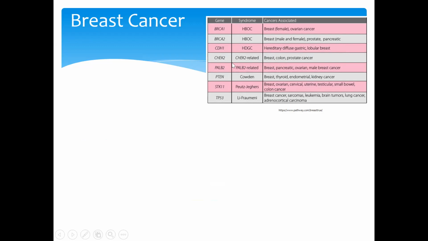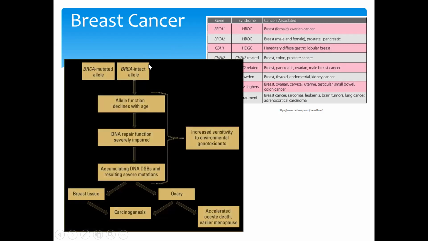A lot of times you'll have an individual that develops ovarian cancer and they immediately go looking to see if this individual has breast cancer as well, because ovarian cancer can metastasize to brain, liver, and spleen. So they go looking for them. So this explains a little bit about how the BRCA mutations work. They're an allele that becomes affected, and that allele function declines with age. So in other words, it's more susceptible to damage and doesn't have as great of ability to repair itself.